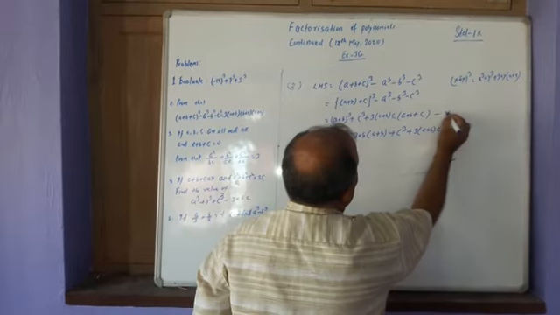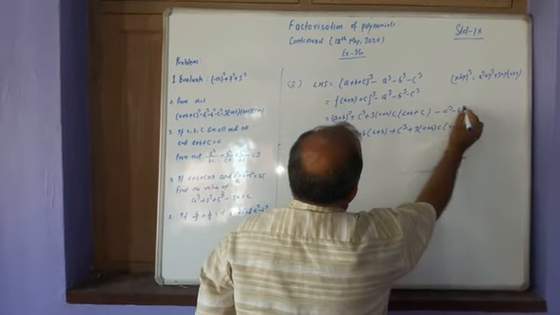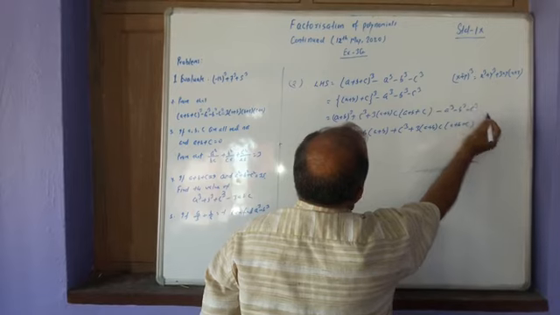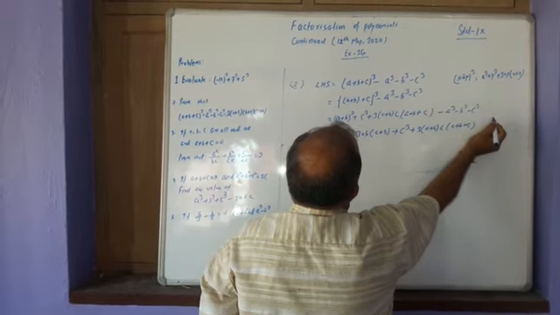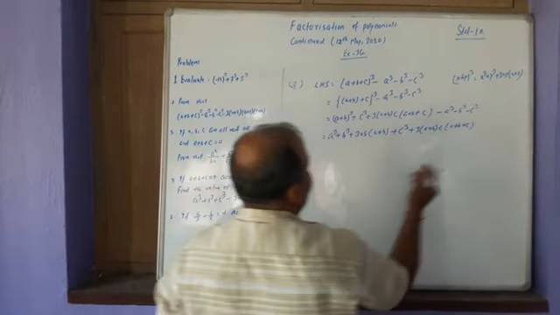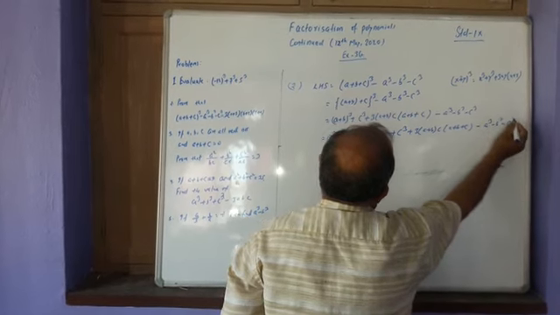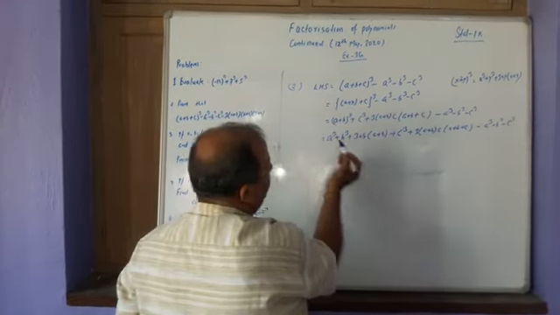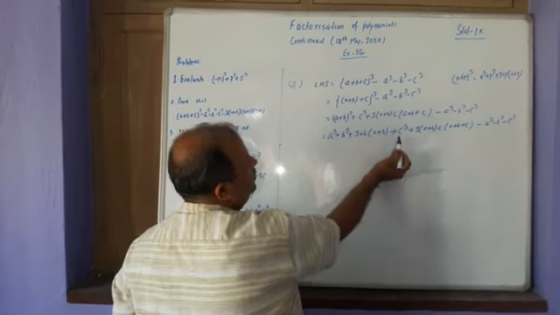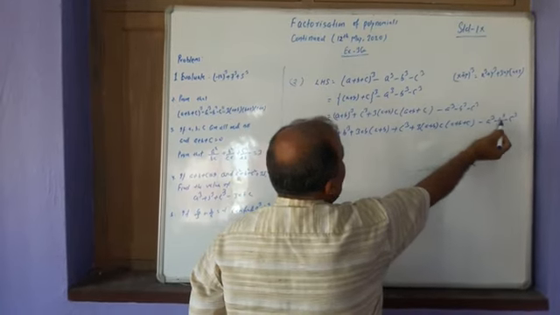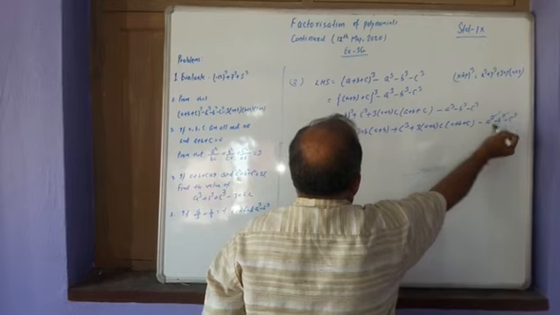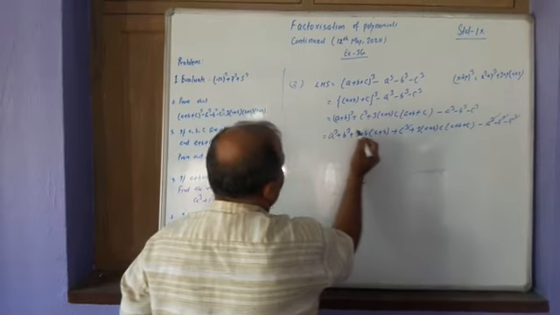Here we have minus a cube minus b cube minus c cube. Now a cube, b cube, c cube and minus a cube, minus b cube, minus c cube, all these will be cancelled.